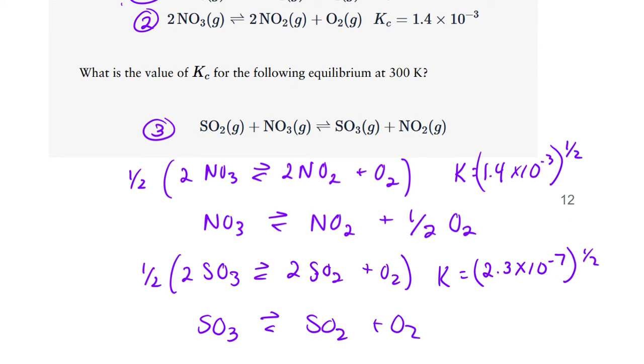But like I said, we need to reverse this reaction, right? So we're going to have SO2, whoops, I forgot my 1/2, SO2 plus 1/2 O2 in equilibrium with SO3.